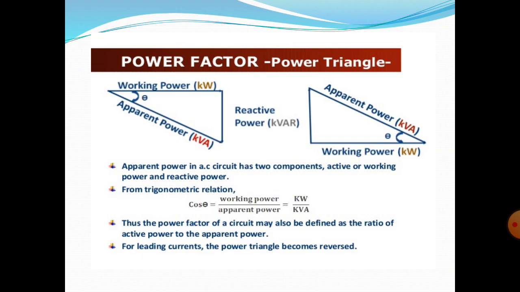Reactive power is in kVAR, also called kilovolt ampere reactive. In the trigonometric relation, cos theta is equal to working power divided by apparent power, that means true power or active power divided by apparent power. The unit of working power is kilowatt and the unit of apparent power is kVA. So cos theta can be rewritten as kilowatt divided by kVA.